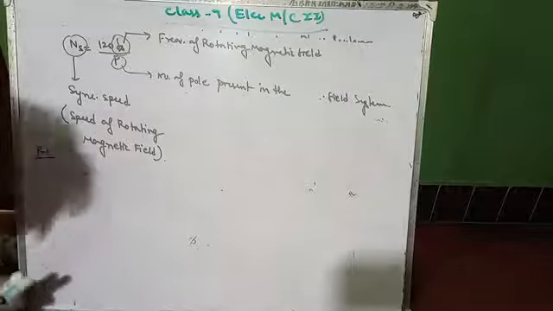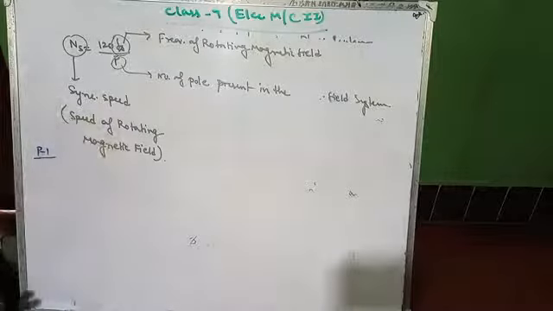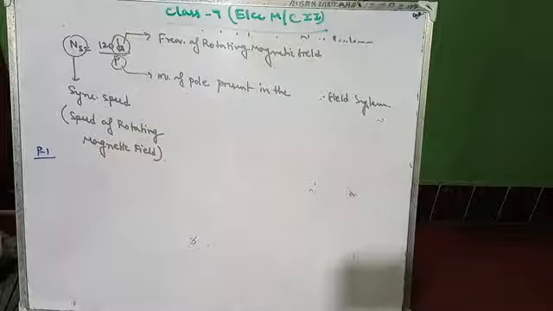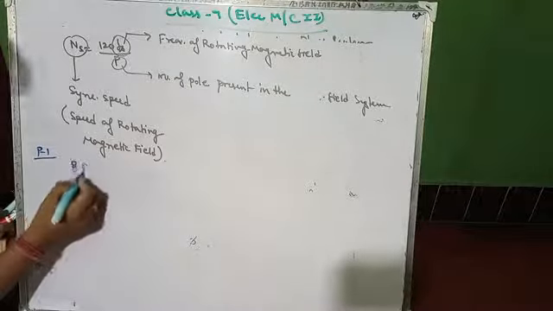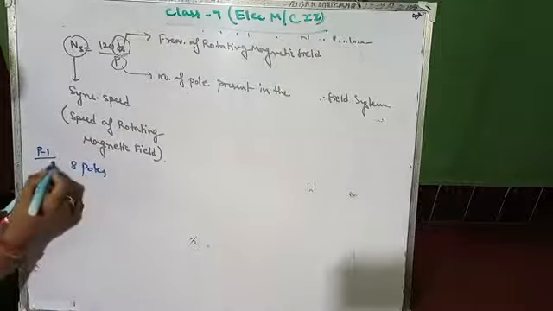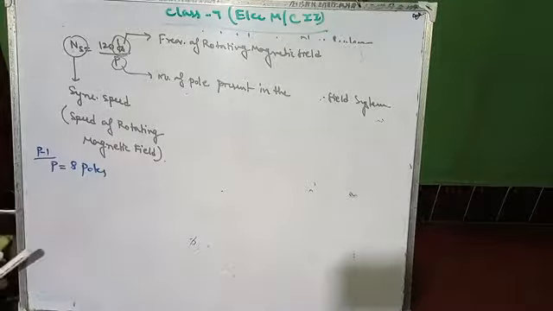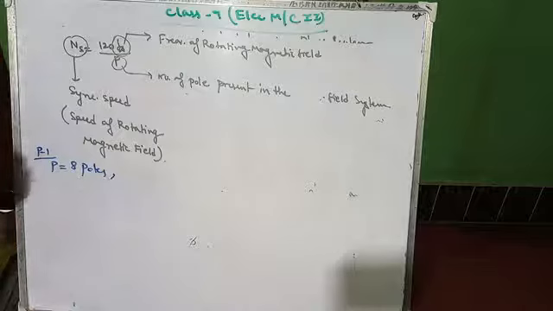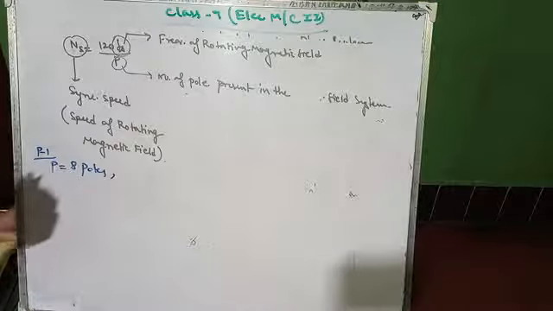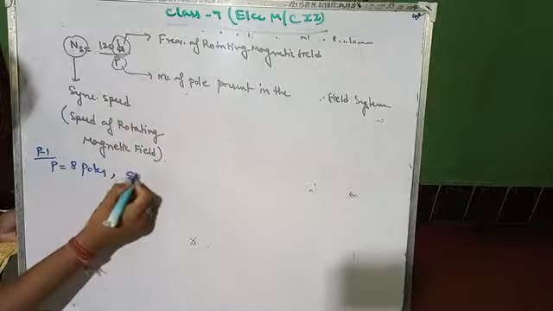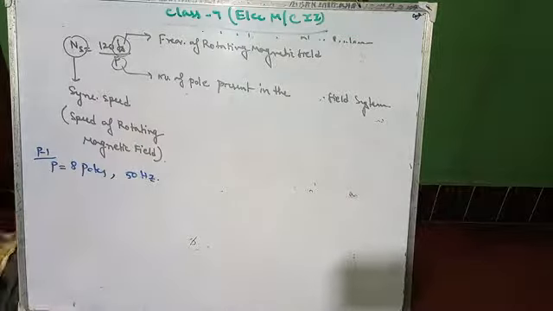So now write problem number 1. A slip ring induction motor consists of 8 poles. So a slip ring induction motor consists of 8 poles, having stator frequency 50 Hz.